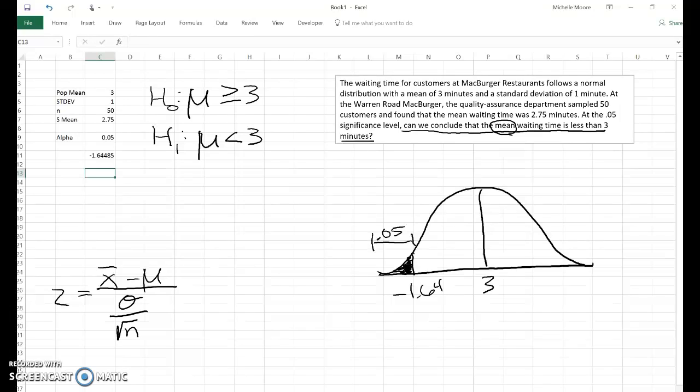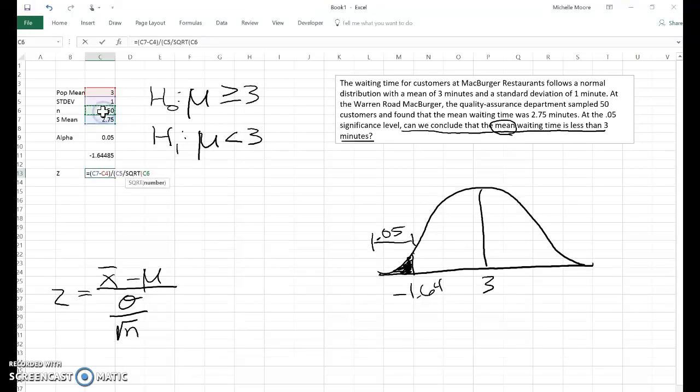That's our formula. Okay, so to solve for z, we get the sample mean minus the population mean. That's our numerator. We're taking 2.75 minus 3. That's going to give us a negative number. We know we're doing that correctly, right? We want to be on the negative side of the curve. So then we divide by standard deviation divided by square root of n.